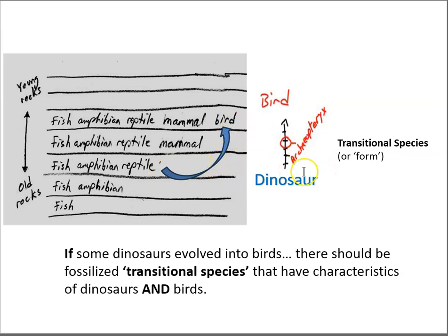Well, if some dinosaurs evolved into birds, then we should see in the fossil record some intermediate sorts of species, some creatures that had a mix of characteristics, some dinosaur characteristics and some bird characteristics. And we call these transitional species.